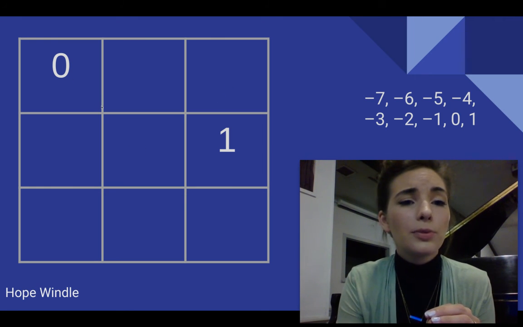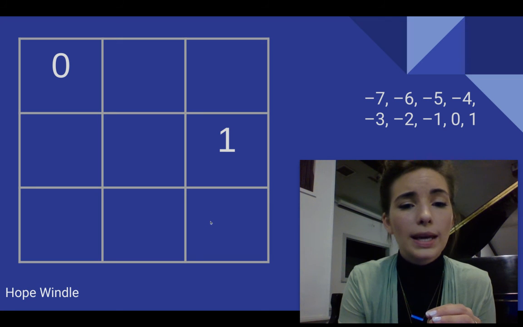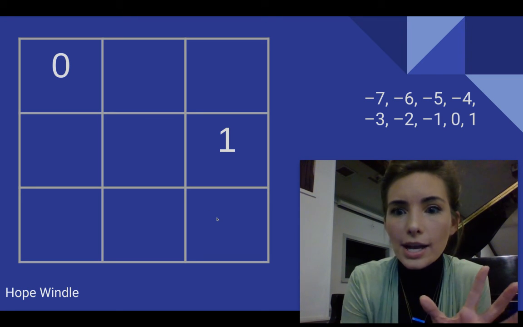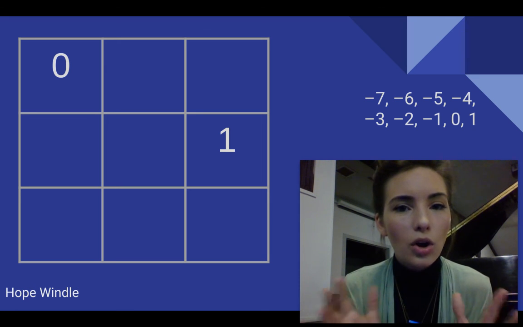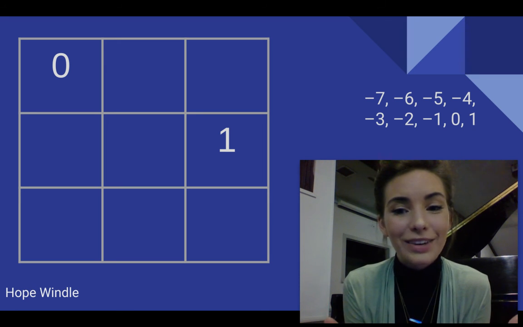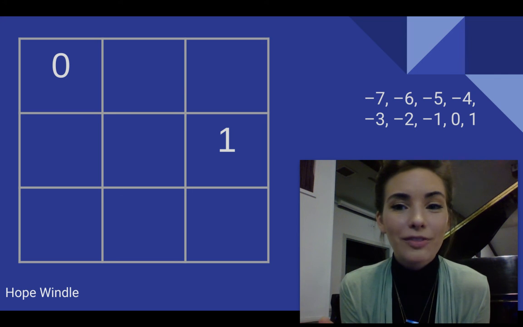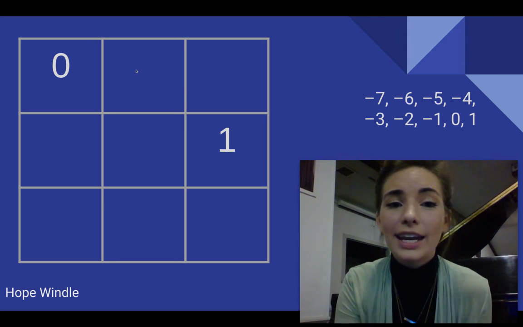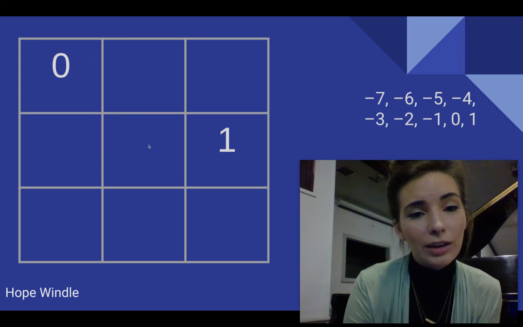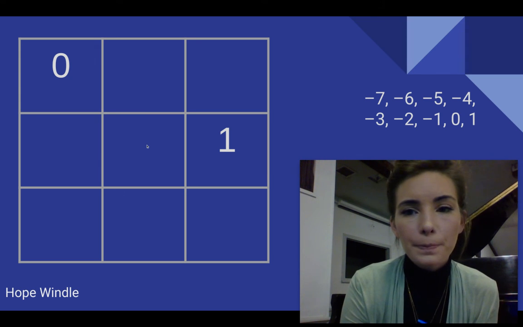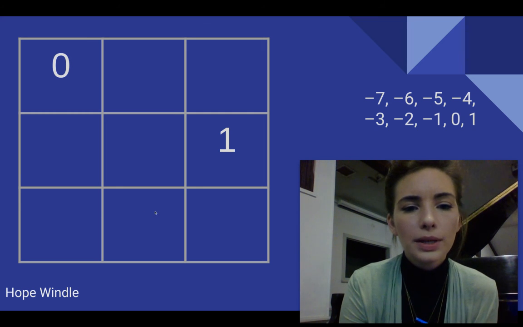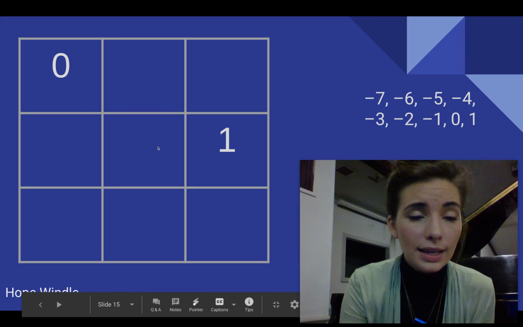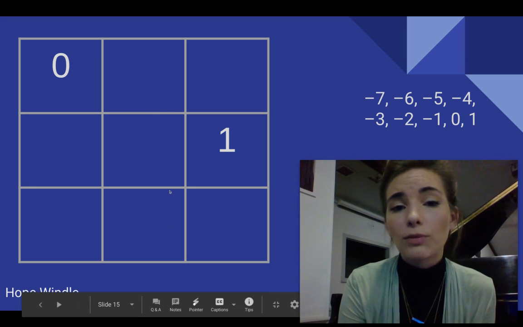If this is -3 and this is 0, then this must be -6. And magically, -4, -6, and +1 also total -9. That leaves us with -5, and -5 here, -3 here, and -1.